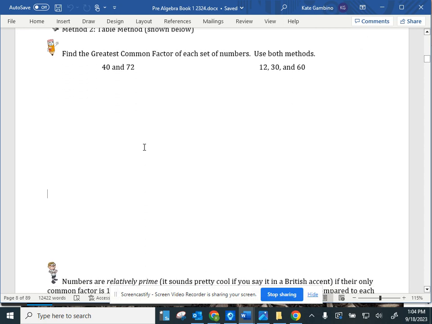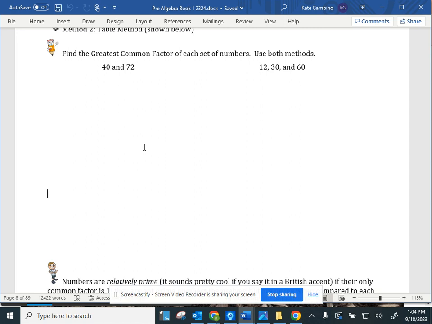So if we look at our greatest common factor over on my board over here, I'm going to move these up front so I can show you how to do the table method, and we're going to show it on our paper.